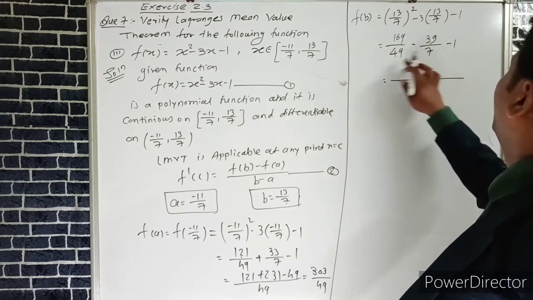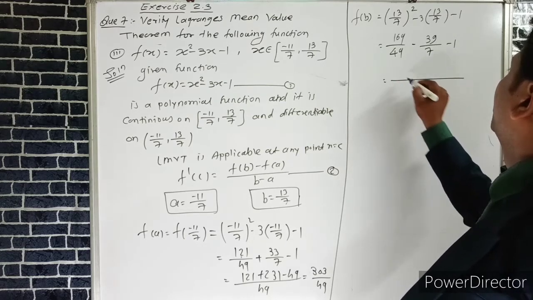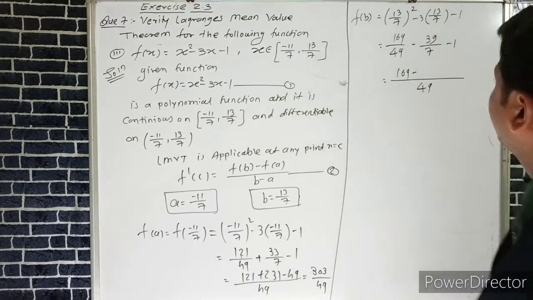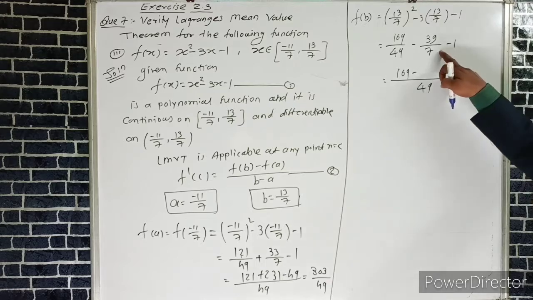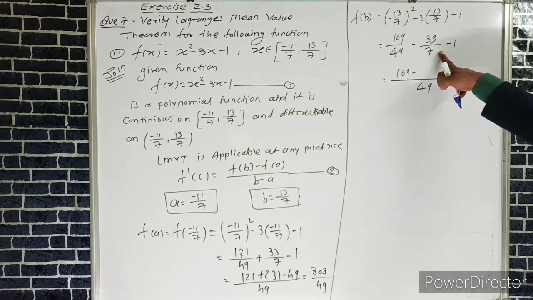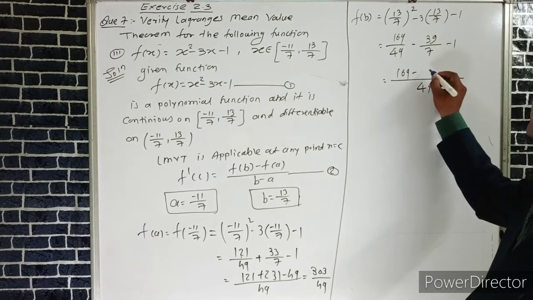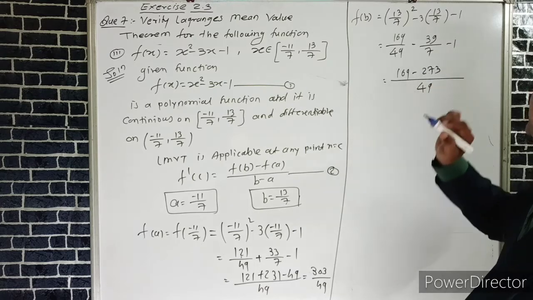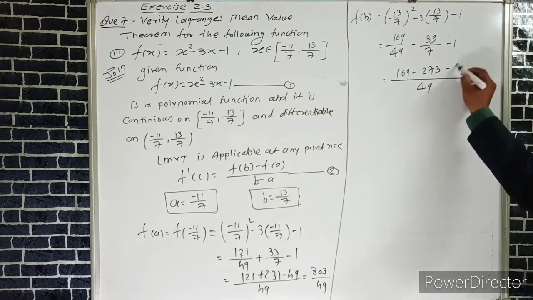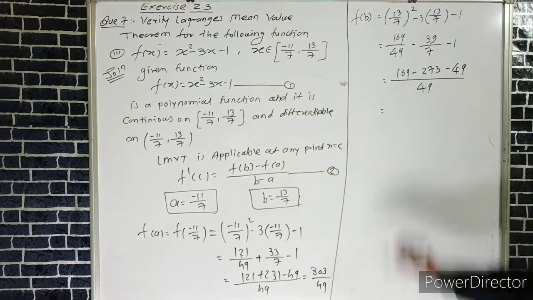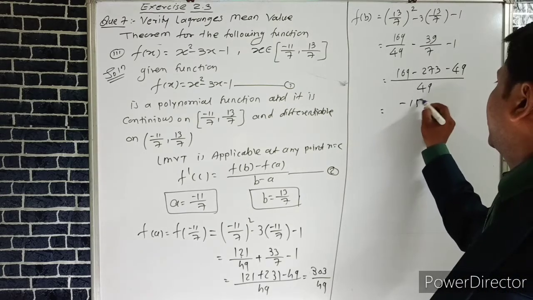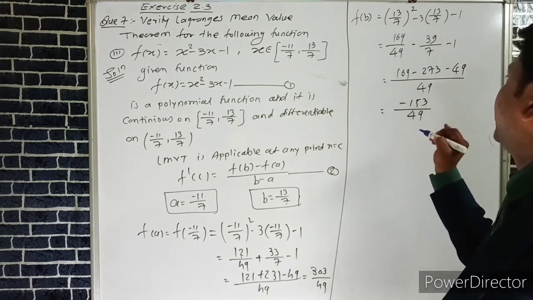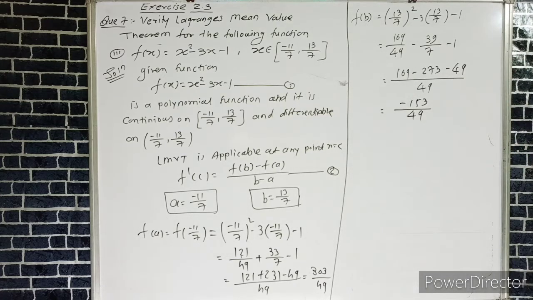If we take a common denominator of all three terms, we can write 169 as it is, and 39 into 7 which is 273, minus 49. The sum of 169 minus 273 minus 49 is minus 153 upon 49, with the denominator as it is, which is the value of f of b.